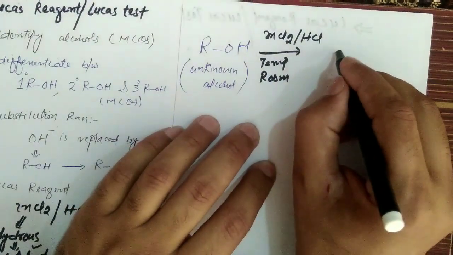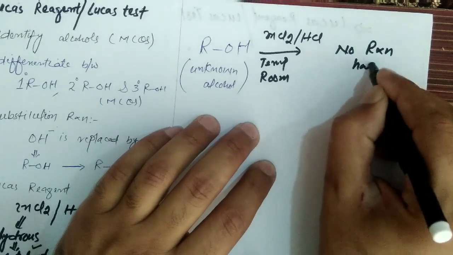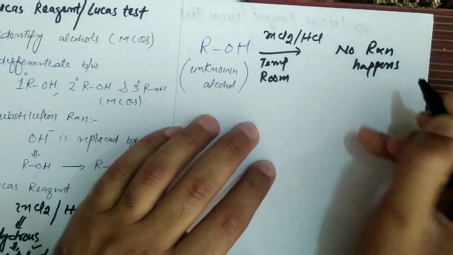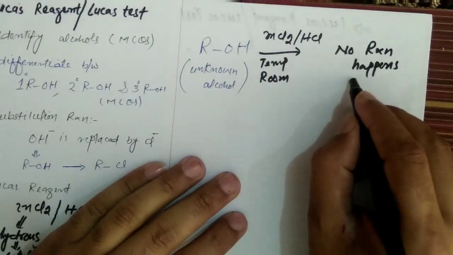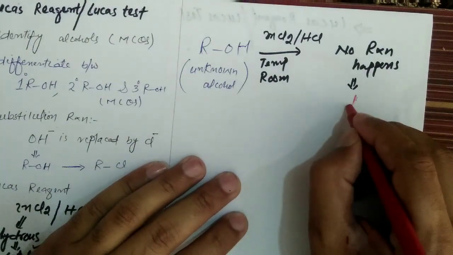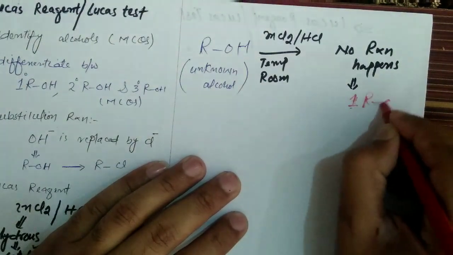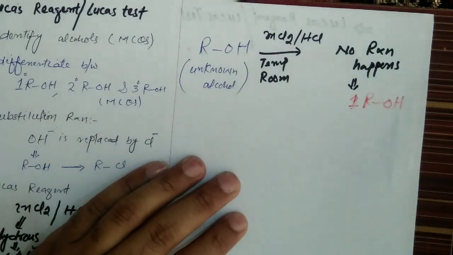If no reaction happens at room temperature, it indicates that this is primary alcohol.